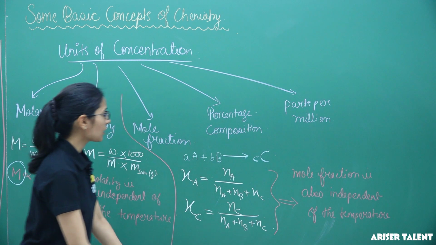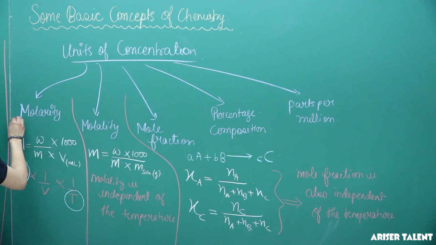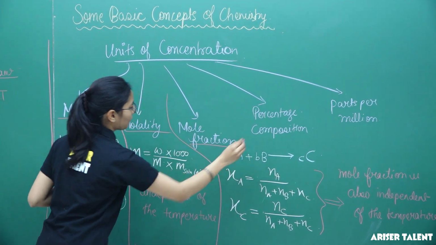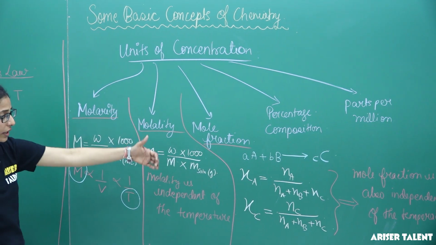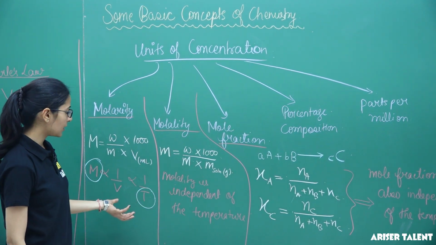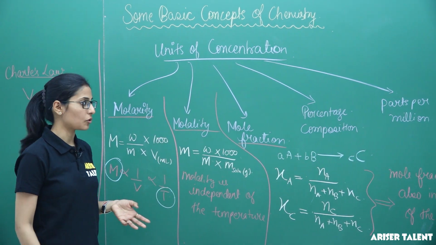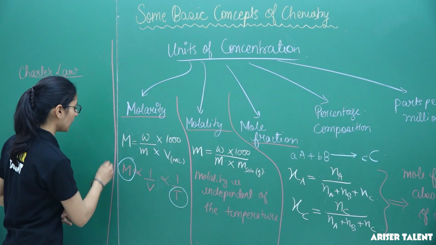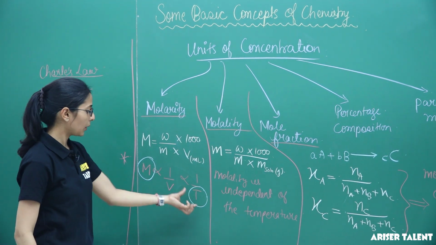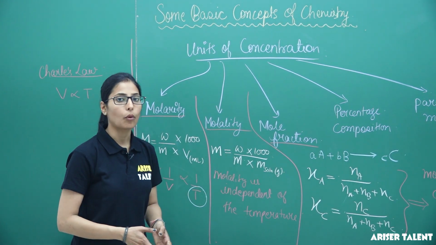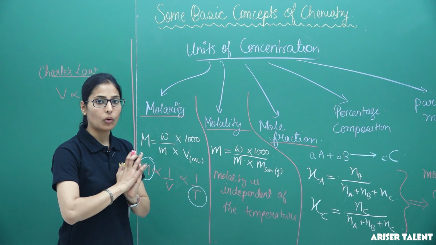So, by finishing 3 of these units of concentration, we have seen 3 formulas, and also we have seen the dependence of these particular units of concentration on temperature. I think this is a very important point. This temperature relationship is very important, and you must always remember this.